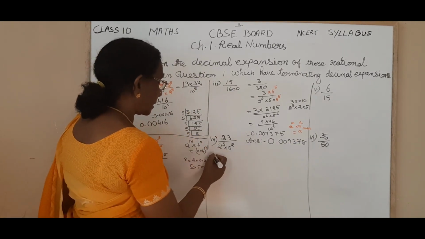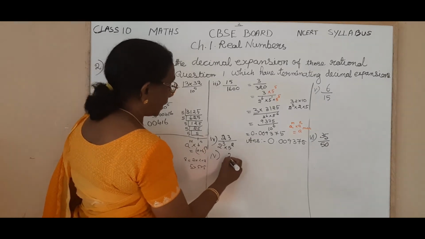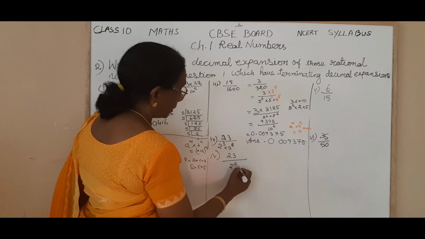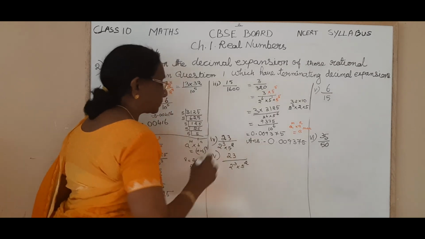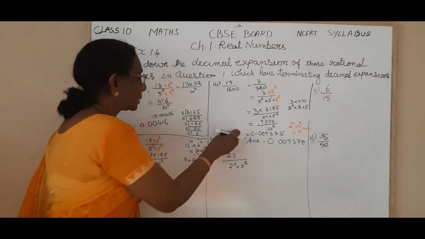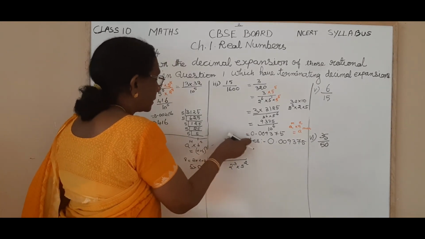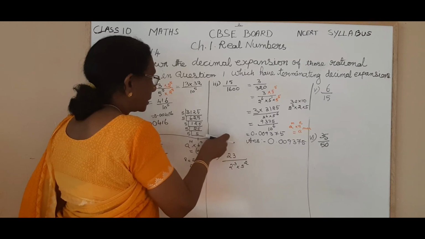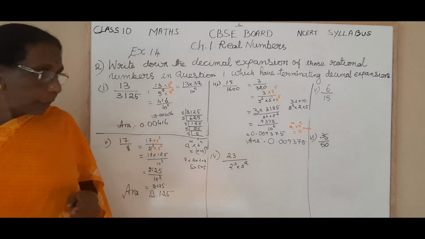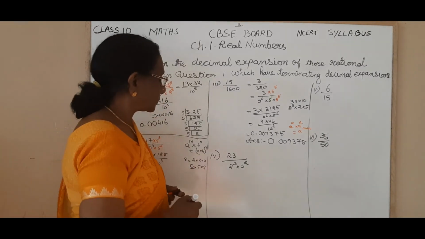Okay. Now we will do sum number 423 by 2 cube into 5 square. Here the prime factors are given.